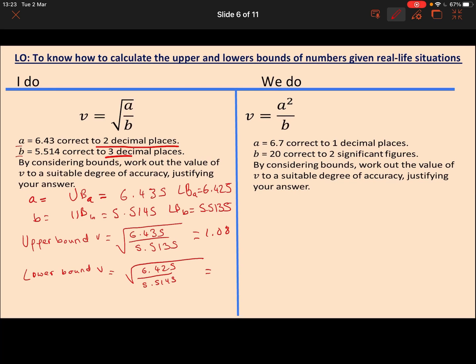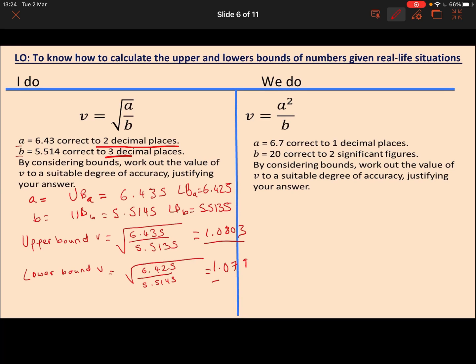Okay. And then the next one we're going to do. So you can also do that as well yourself. And that gives us 1.079.